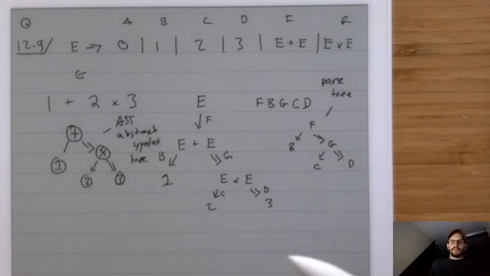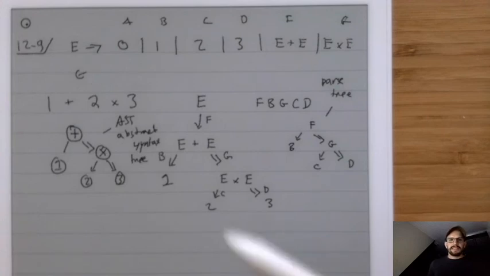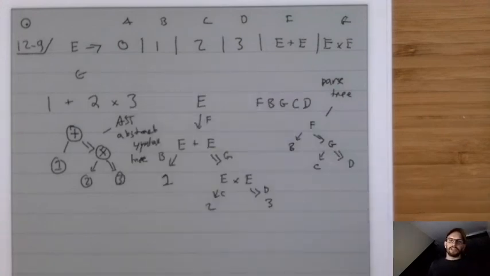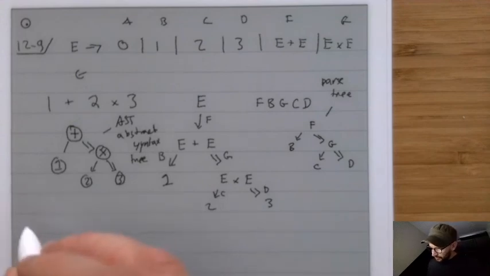Now, one thing that you might find curious is that this language actually admits a different parse tree for this example. We could do the following. We could instead use rule G first.